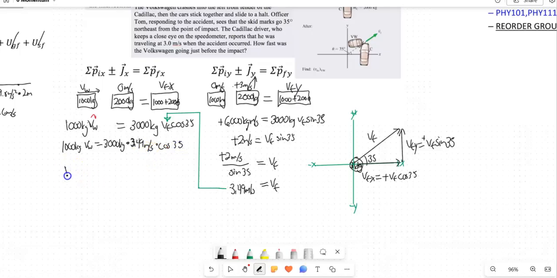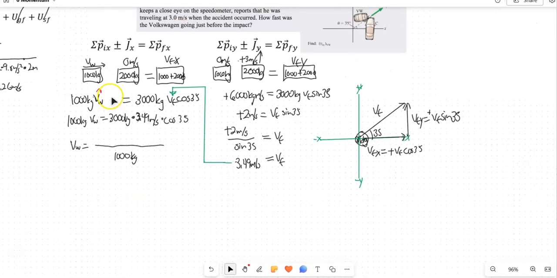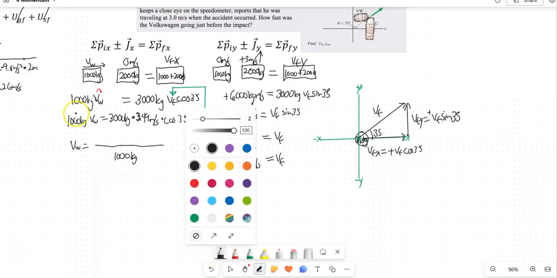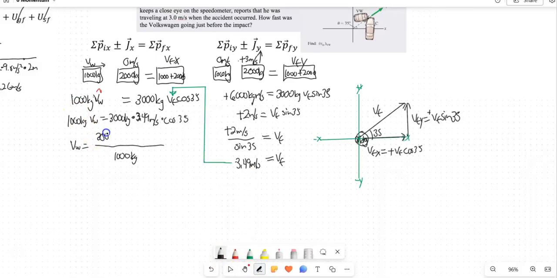So that VW is going to be equal to 3,000 times 3.49 meters per second times the cosine of 35 degrees, divided by 1,000 kilograms.